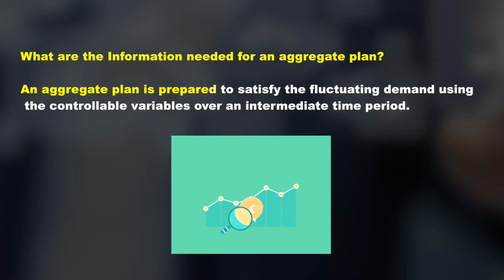What is the information needed for an aggregate plan? An aggregate plan is prepared to satisfy the fluctuating demand using the controllable variables over an intermediate time period.